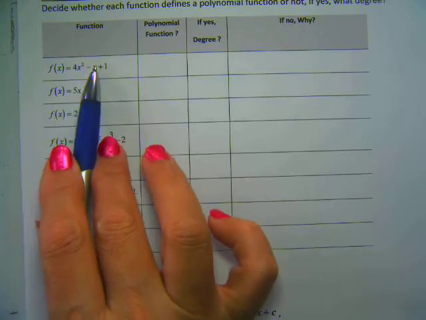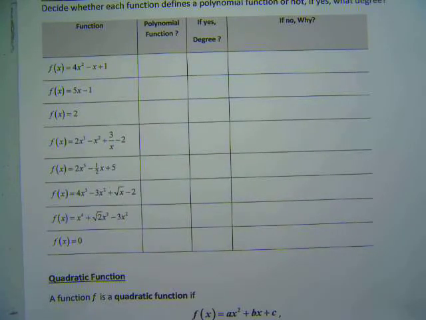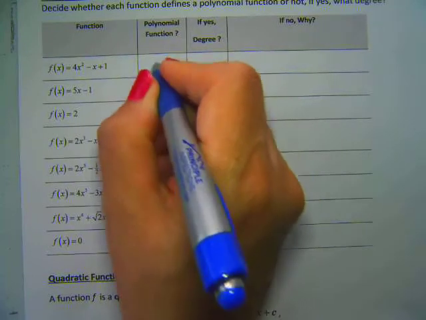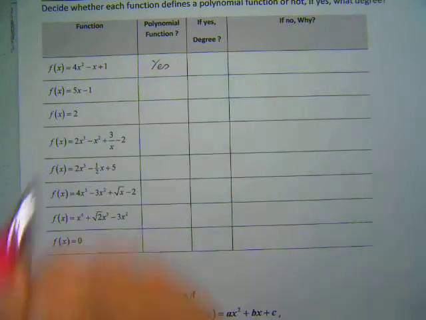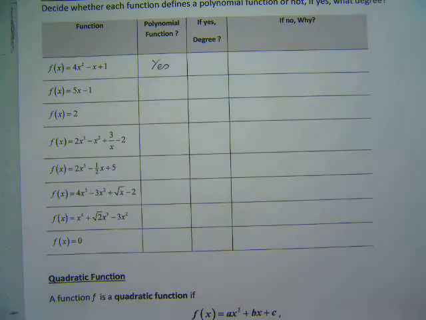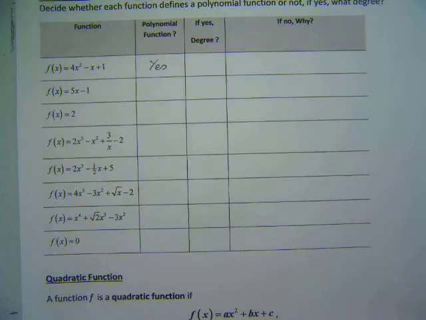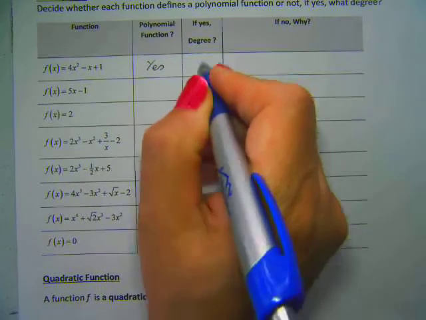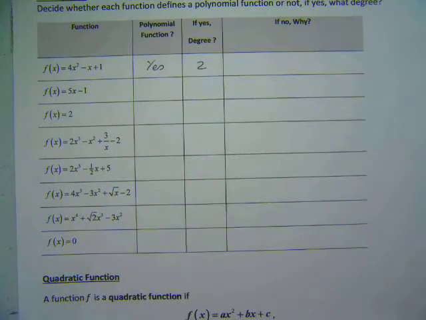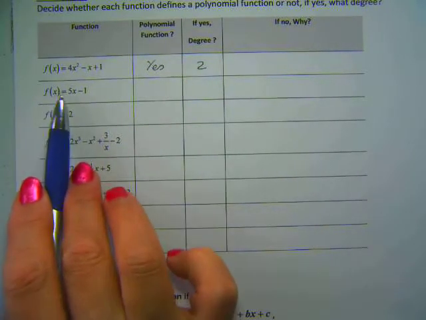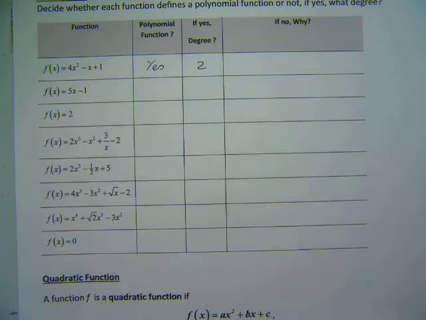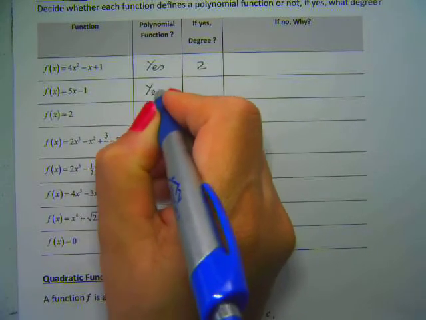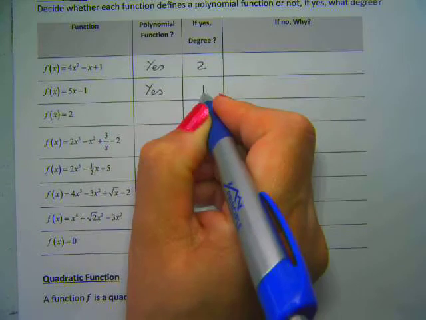All the powers of x are positive integers, so is it a polynomial function? Yes, sure it is. And we need to know what degree. The degree, again, is the highest power you see. The highest power is 2. How about f of x is 5x minus 1? That's also a polynomial function, and the degree is the highest power, which is 1.